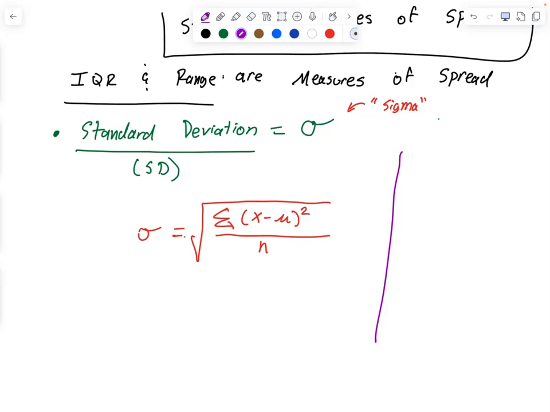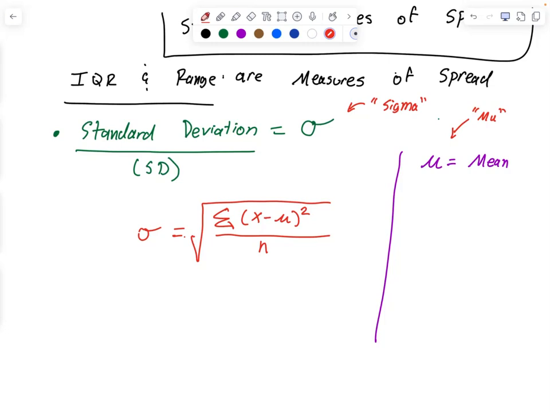So don't freak out. This symbol right here means what? It's the mean. The squiggly E symbol means sum. Think about the work we did on Amplify Monday.